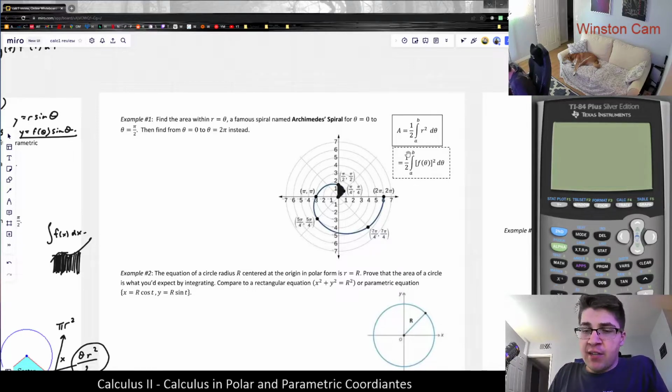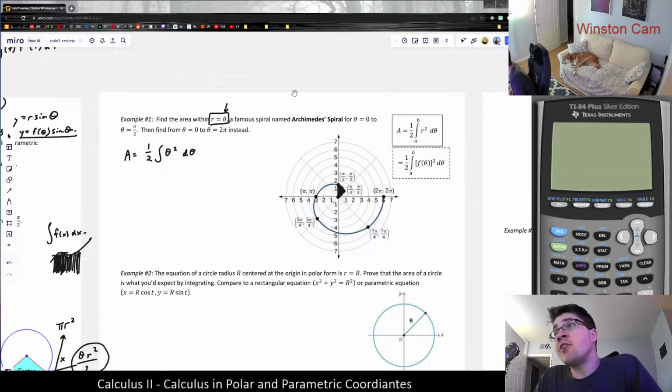But if we wanted to do that, again, we could use the formula as it is in your packet, 1/2 r squared d theta, or 1/2 f of theta squared. Since r is just theta, we want our integral in terms of theta. We'd have 1/2 r squared, and since r is equal to theta, we plug in theta for f of theta, so theta squared d theta.